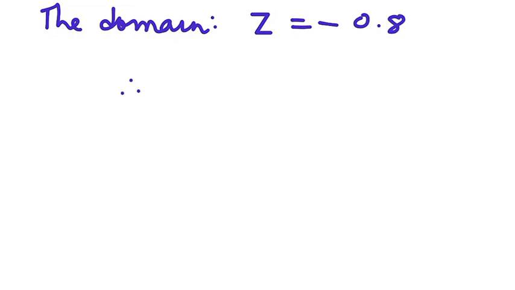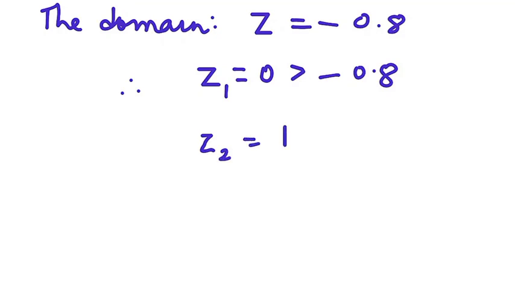So since z equals 0 is greater than minus 0.8, we are going to pick it, it is valid. Another one, z equals 1, you can see that it is also greater than minus 0.8, so we are going to pick this one too, which means the two solutions are valid solutions.